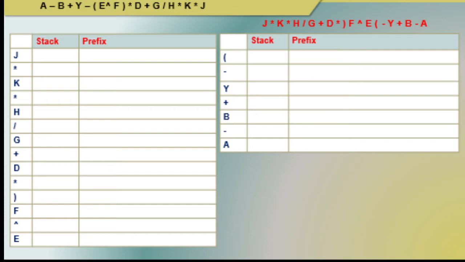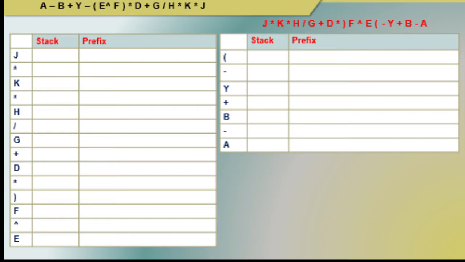Second, if the incoming operator has lower priority than the top of the stack, you are going to pop and print the top of the stack. Write it in the output and then compare the incoming operator with the new top of the stack. And then third, if the incoming operator has equal priority with the top of the stack, you are going to push the incoming operator on the stack.